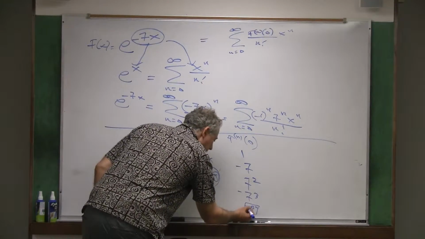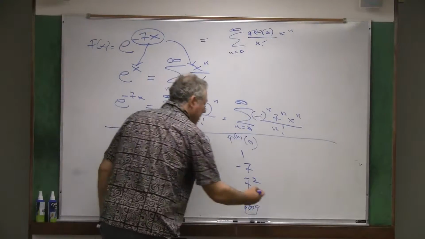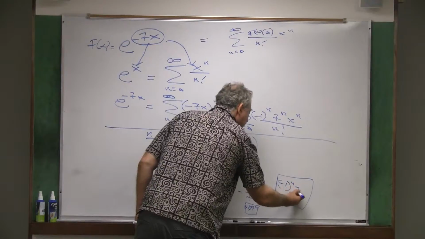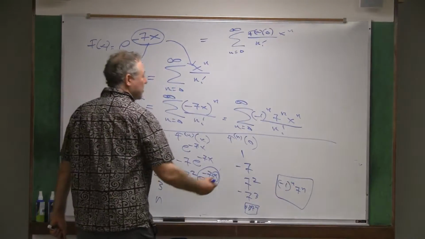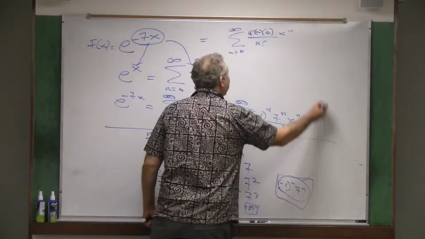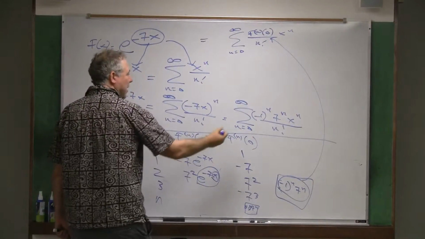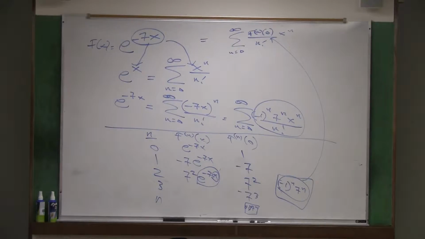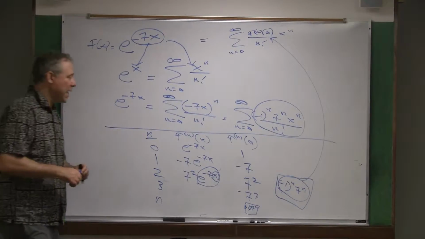So you just figure that pattern out. So inside that box is minus 1 to the n, 7 to the n. So you're just throwing that up here, and you end up with what we already know from the methodology. So that would be the way to go. Either way would be fine. So you figure out the pattern.